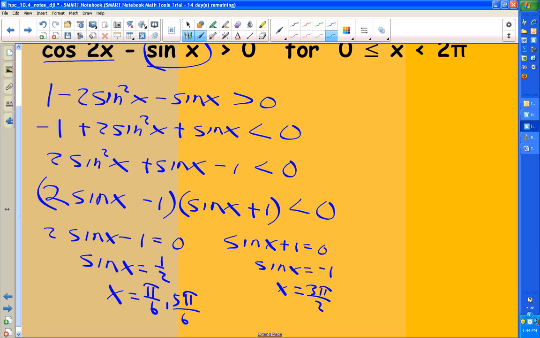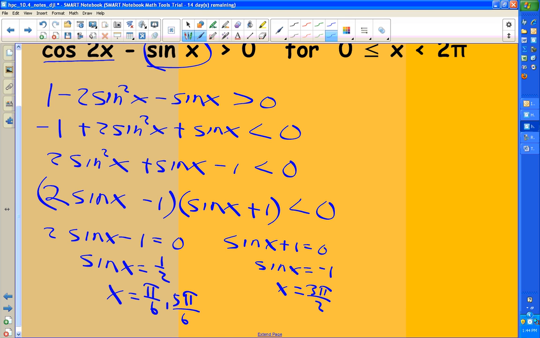But it's not an equation. Yeah, you're looking at something times something has to be less than 0.